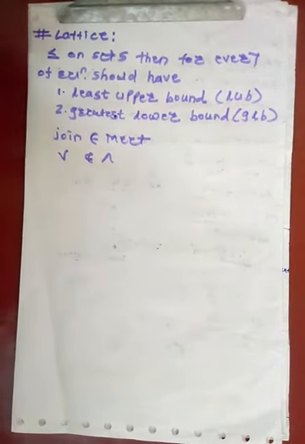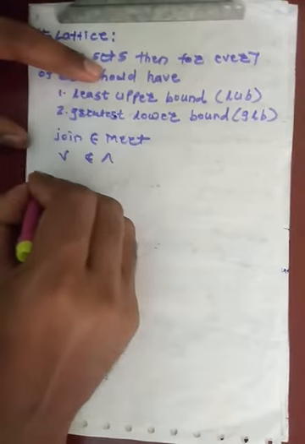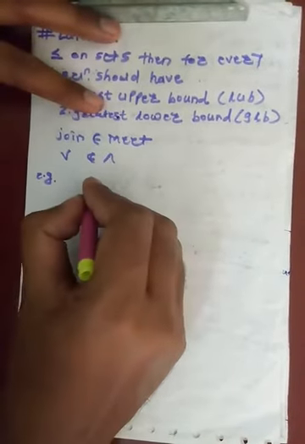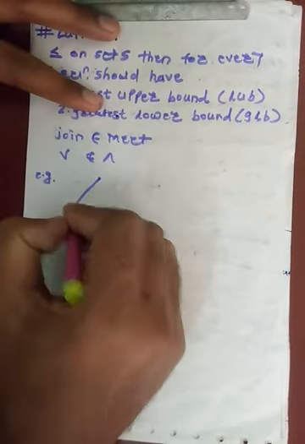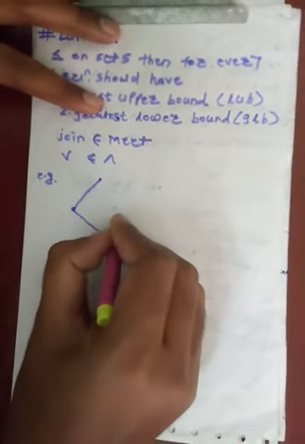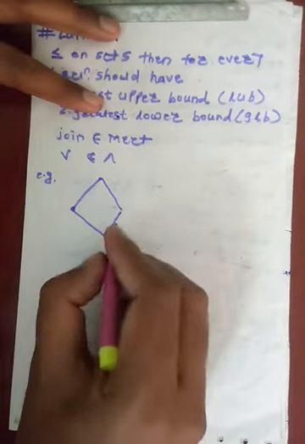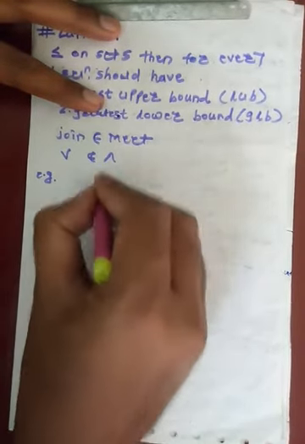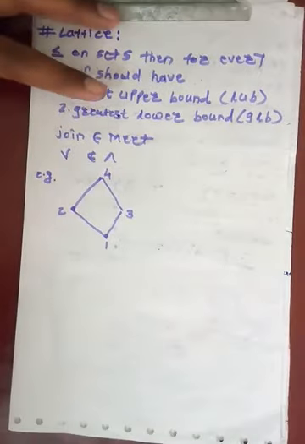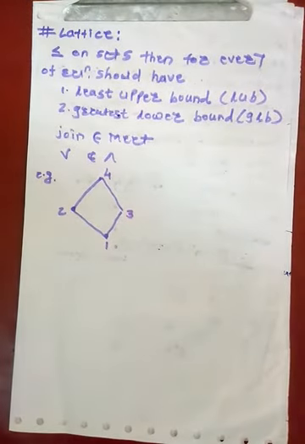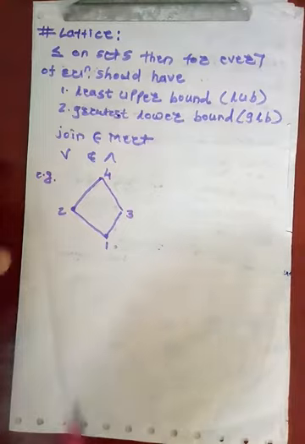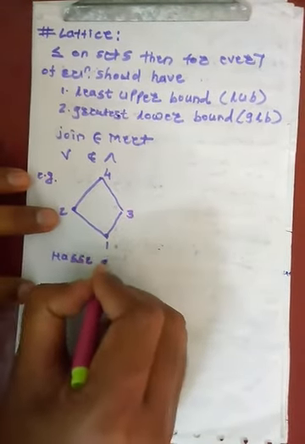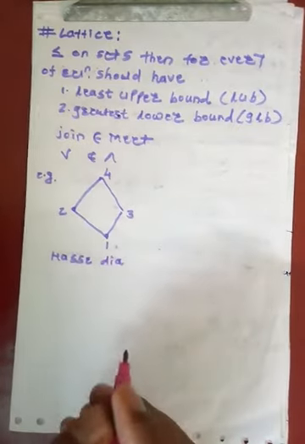For example, consider the Hasse diagram like this one, that is 1 2 3 4. So this is the Hasse diagram.